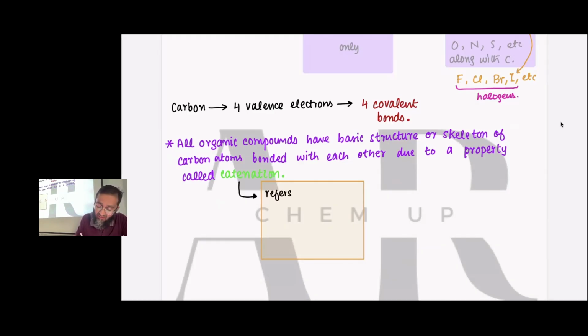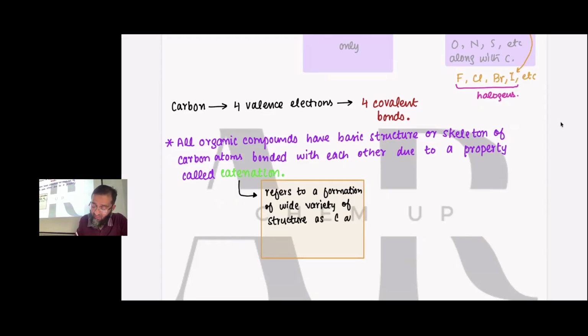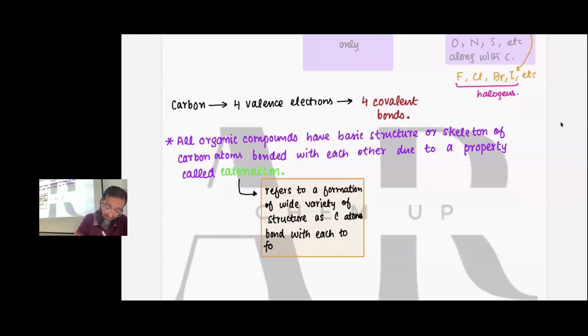It refers to a formation of a wide variety of structures as carbon atoms bond with each other in multiple ways.